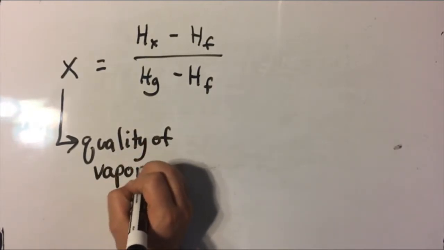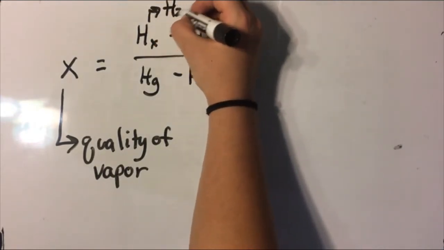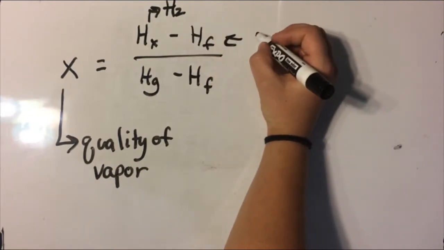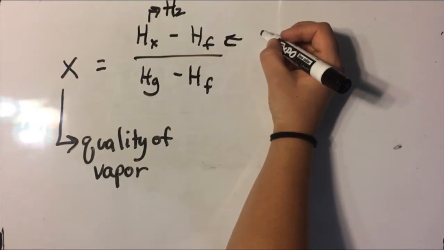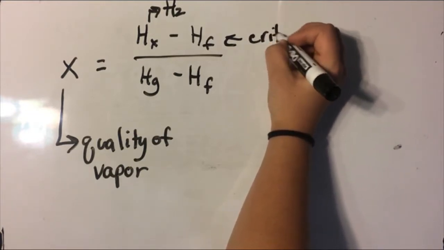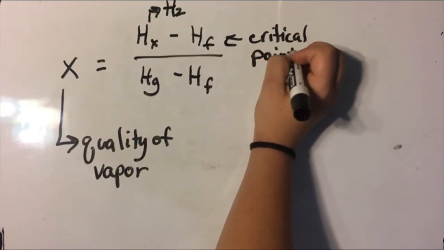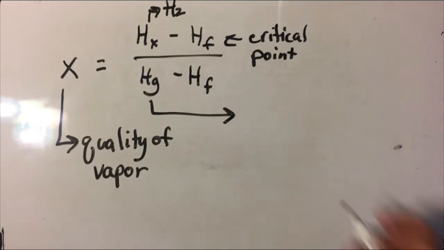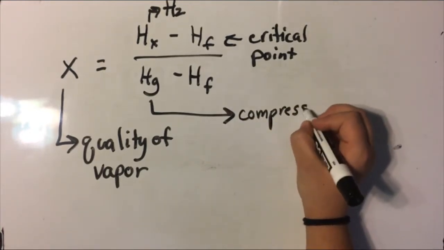Something about the ratio of water vapor to liquid in the steam. So our Hx in this case is going to be our H2. It's just the enthalpy that we know that we have at that point. And the Hf is then our enthalpy at the critical point. And then our Hg is our enthalpy of the compressed vapor.